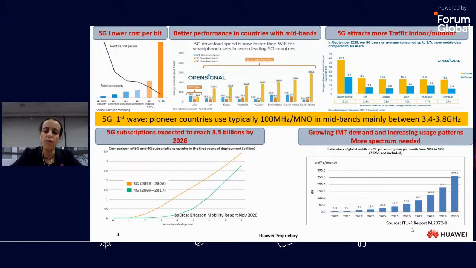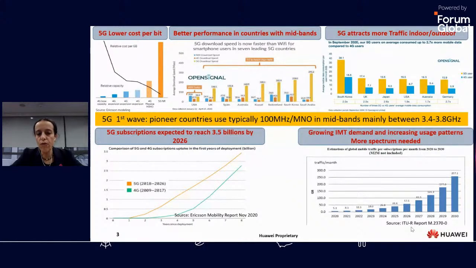Now, how will this evolve in the future? We can see in the figure below on the left side that 5G subscriptions are expected to reach 3.5 billion by 2026, based on the number, which is around 200 million today. And we have seen some similarities between how 4G users were evolving between 2009 and 2017, and how it started for 5G between 2018 and 2020.